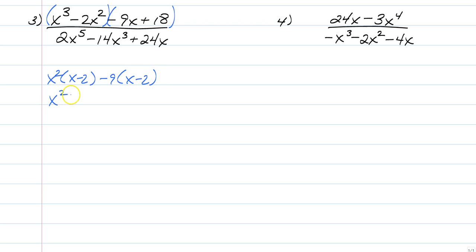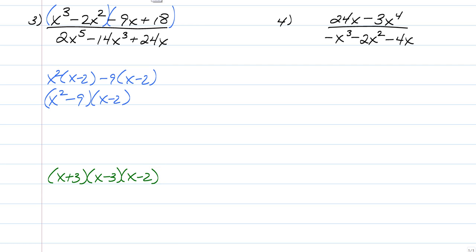So that would give us x squared minus 9 times x minus 2. But x squared minus 9 is the difference of two squares. So if we were to simplify that completely, we would have a numerator of x plus 3, x minus 3, and x minus 2. And now we're going to factor the denominator.